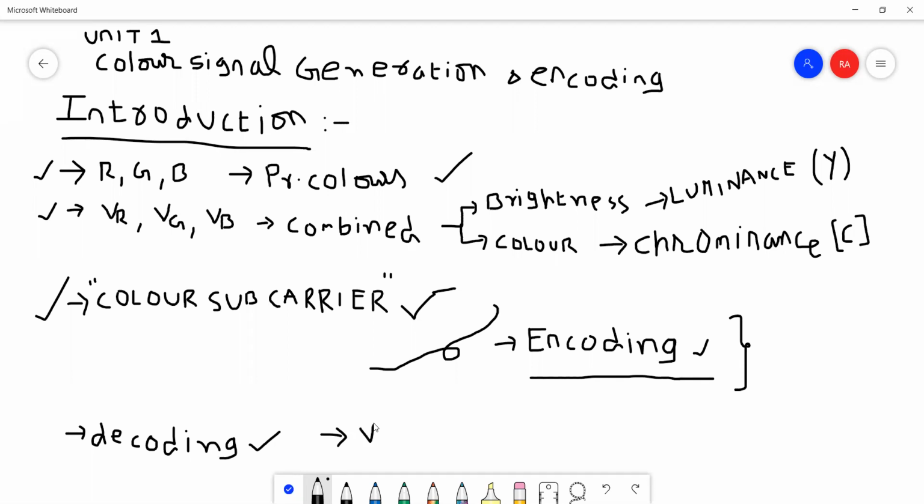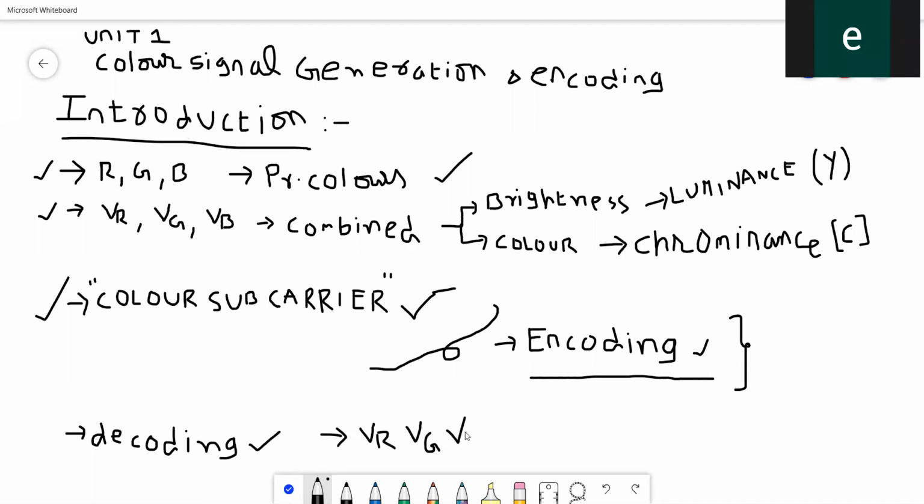So those are the signals called VR, VG, and VB. So VR, VG, VB are called video signals.